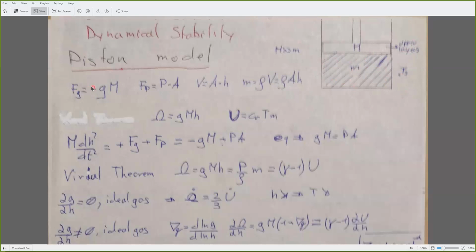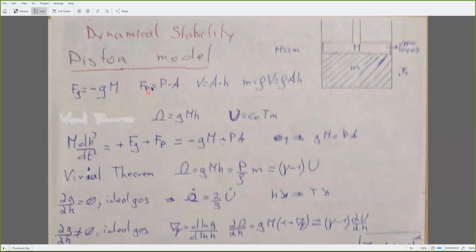Gravitational force is minus g times M, where g is the gravitational acceleration, considered positive in this case, just not to be confused with the sign. Take everything positive, so we put the minus in the formula.